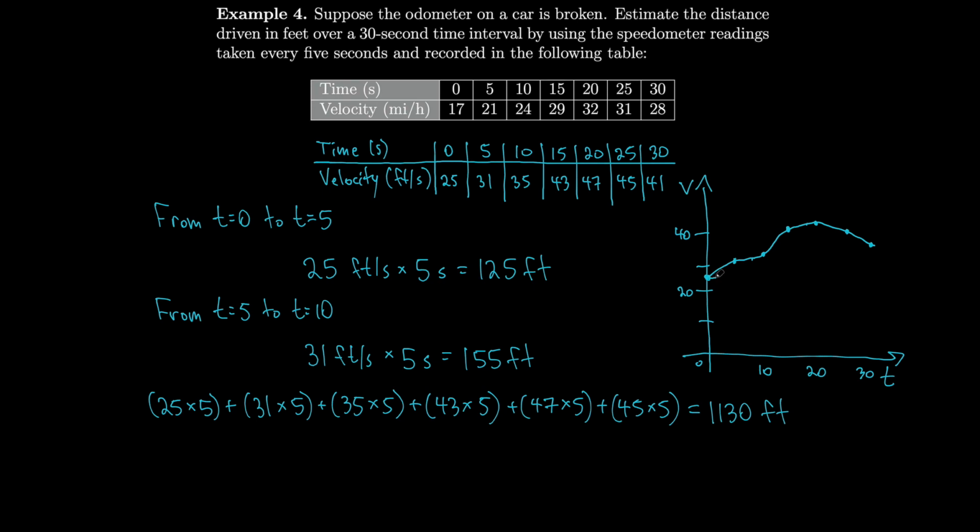So that means that we're saying that the velocity stays constant over here, which is the same as drawing a rectangle over there. On the left side, our velocity stays constant over here, and over here, and hopefully your rectangles look better than mine. This one didn't come out so good.